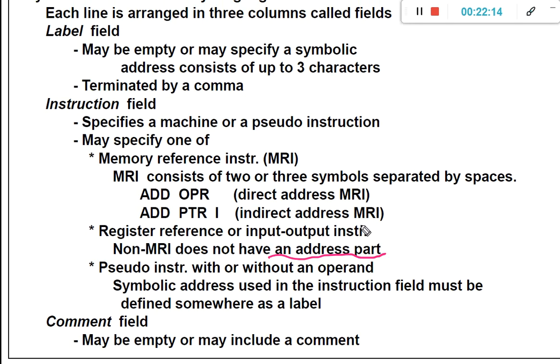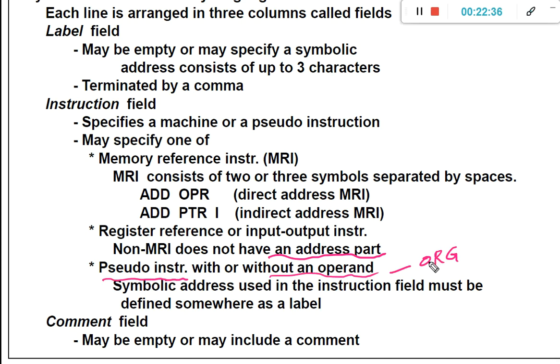In addition to these two types of instructions, you will have one more, the pseudo instruction, with or without an operand. We have already seen one type, ORG. ORG is a pseudo instruction.